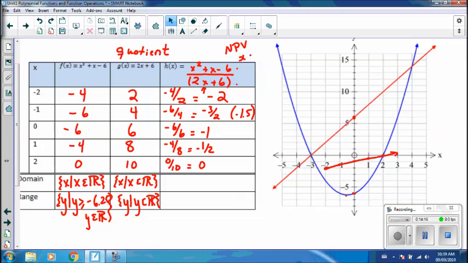Well, x cannot equal -3. Because if I put in -3, I'd get 2 times -3, which would be -6, plus this 6, I'd be dividing by 0, not allowed. So here, I actually end up with a little hole in the graph, where I have an open circle.